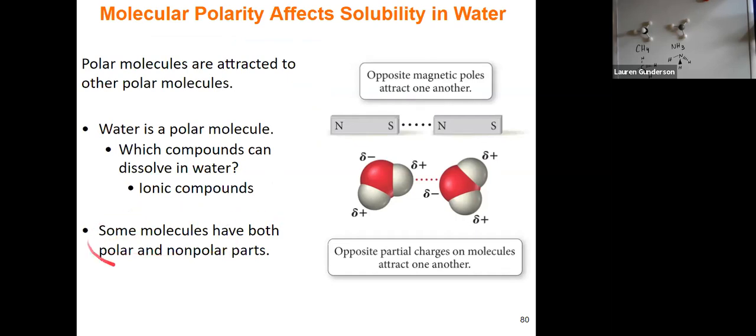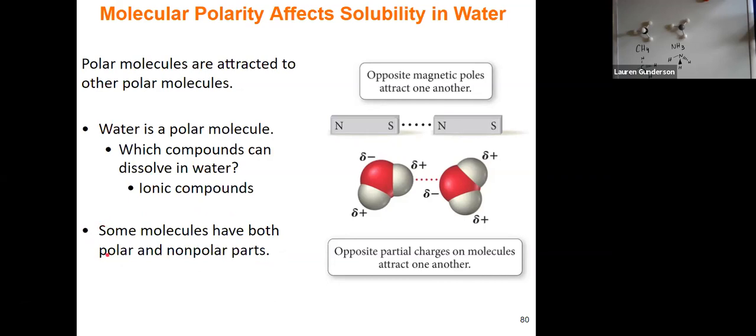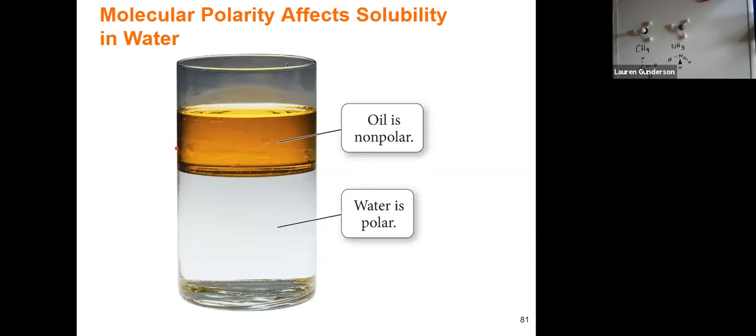Also, a molecular compound that still has a good electronegativity difference can dissolve in water as well. Okay. This is just an example of what happens when you have something that is nonpolar, like oil, trying to mix with something that is polar, like water. Instead of mixing, you get a layered effect.